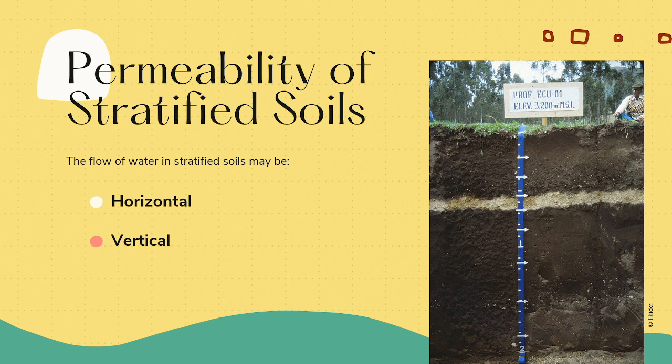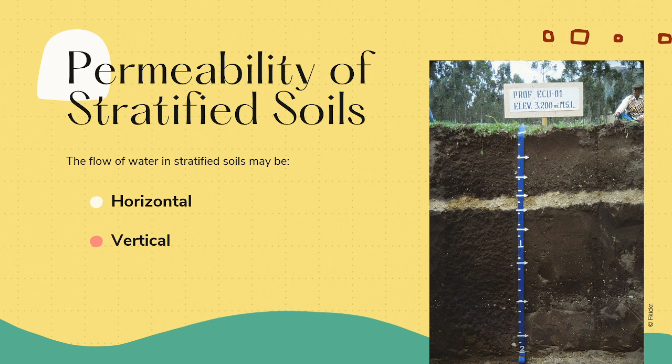So each soil has a different property, and one of those properties is the hydraulic conductivity. So for the layered soils, we have to find the equivalent horizontal hydraulic conductivity and the equivalent vertical hydraulic conductivity.